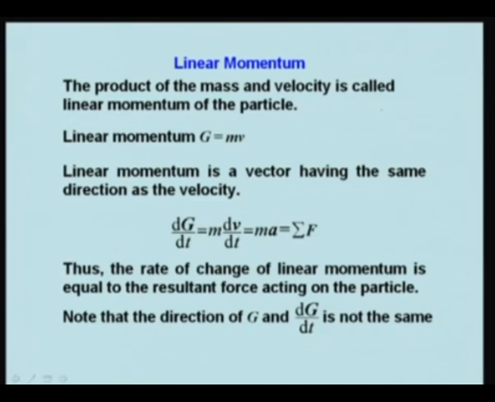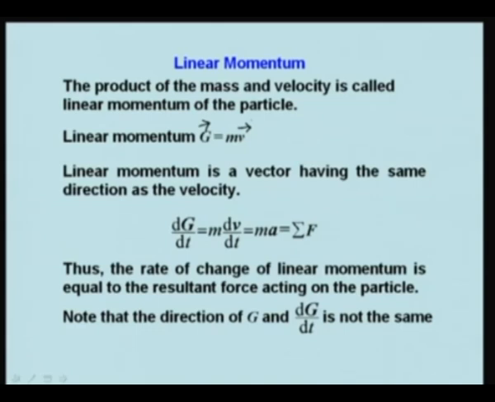Linear momentum is a vector having the same direction as the velocity. Kinetic energy is a scalar, however, linear momentum is a vector. It is proportional to mass and velocity.